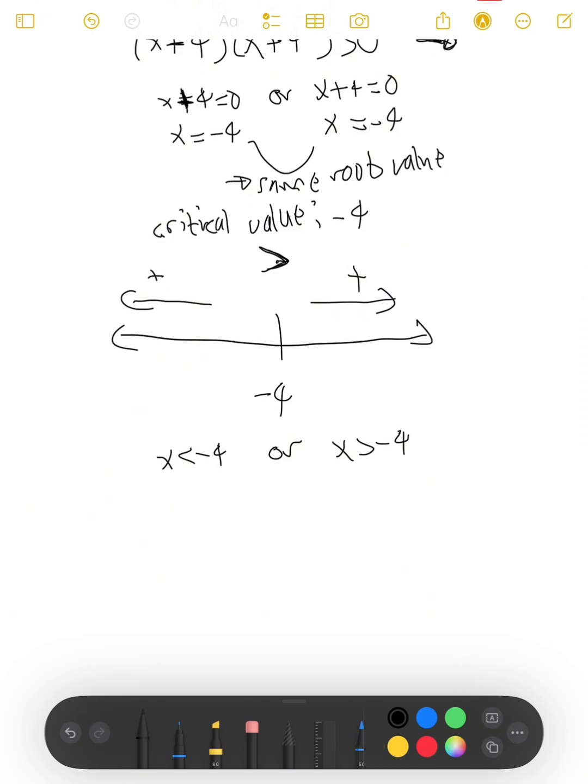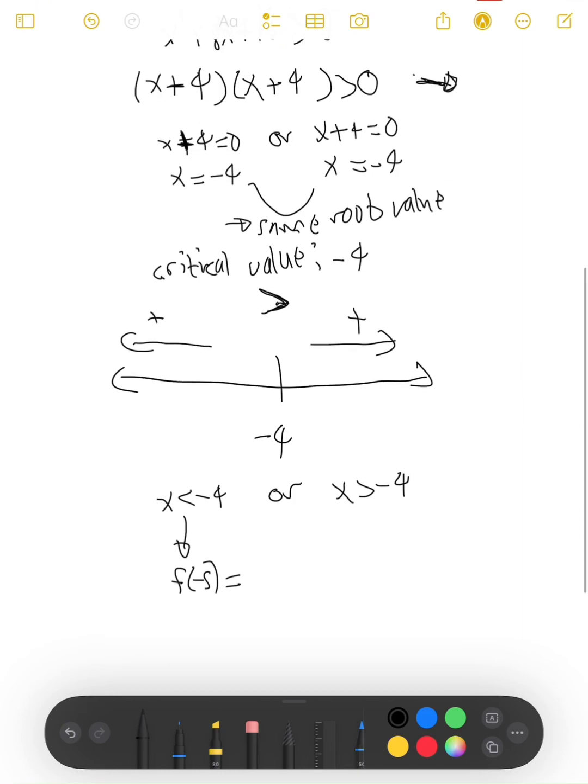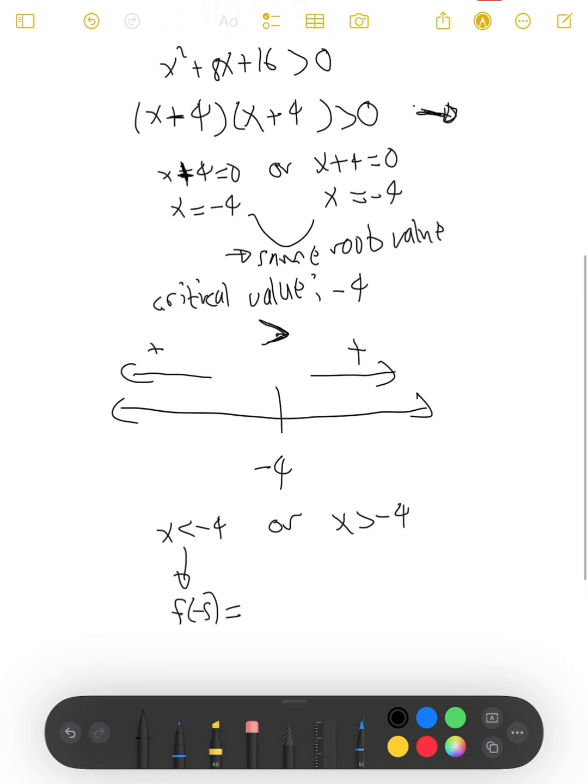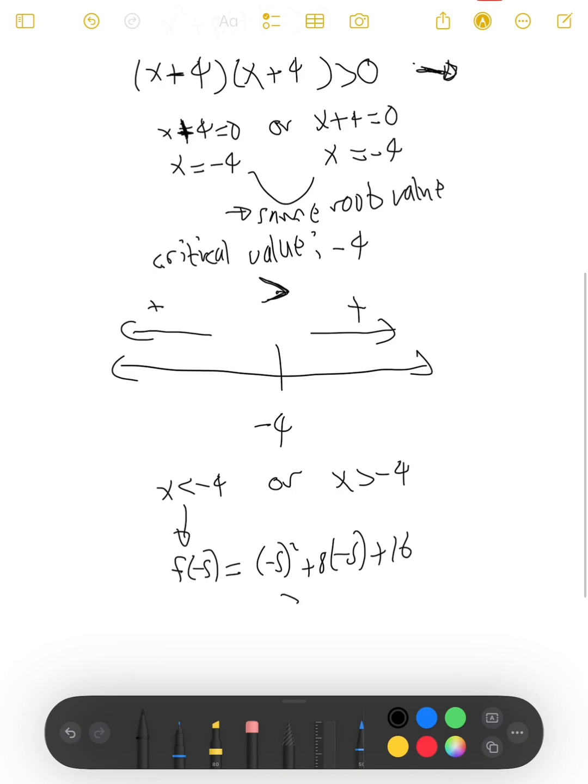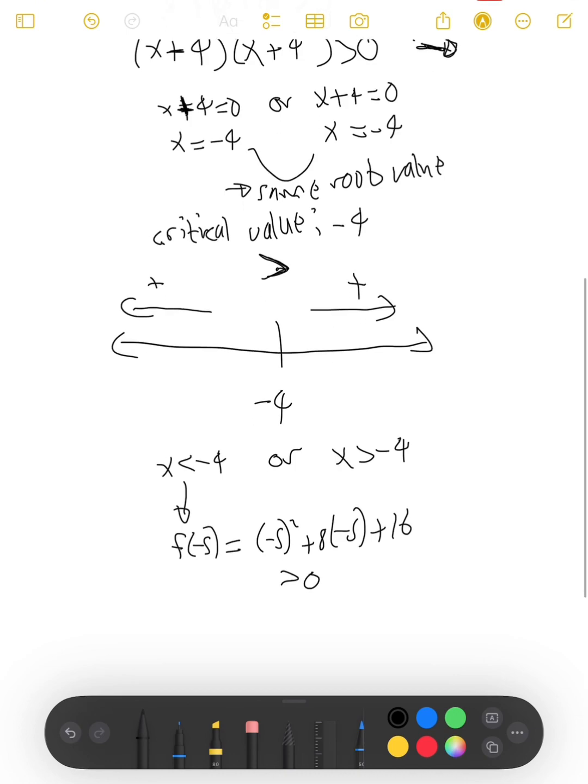Just as a demonstration, you can say something like f of minus 5, which will give you negative 5 squared plus 8 bracket negative 5 plus 16. See if whatever answer you get is greater than 0.